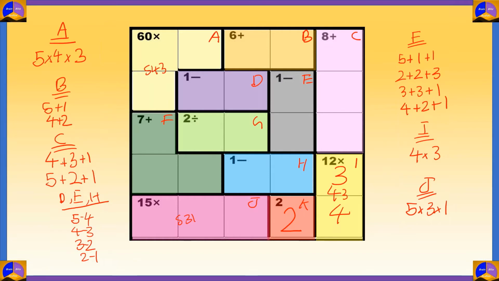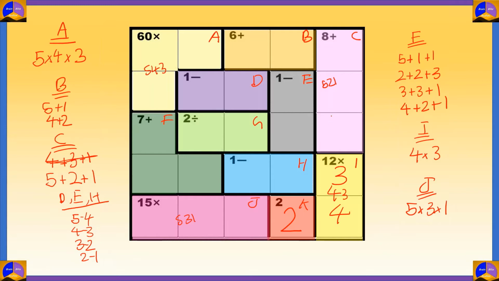So, for cage C, we can't use 4 plus 3 plus 1 as then it will repeat 4 and 3 in the same column. So, we'll be using 5 plus 2 plus 1. We don't know the places, so we write it in the middle.